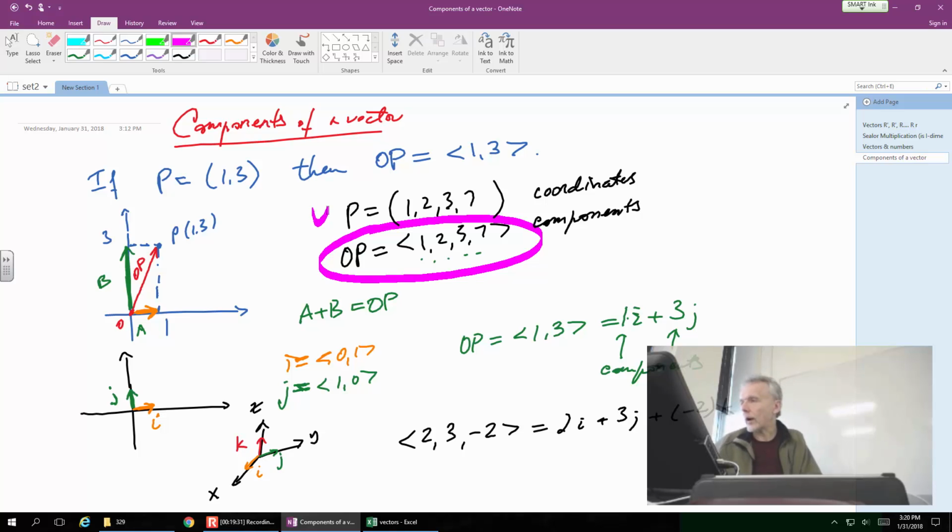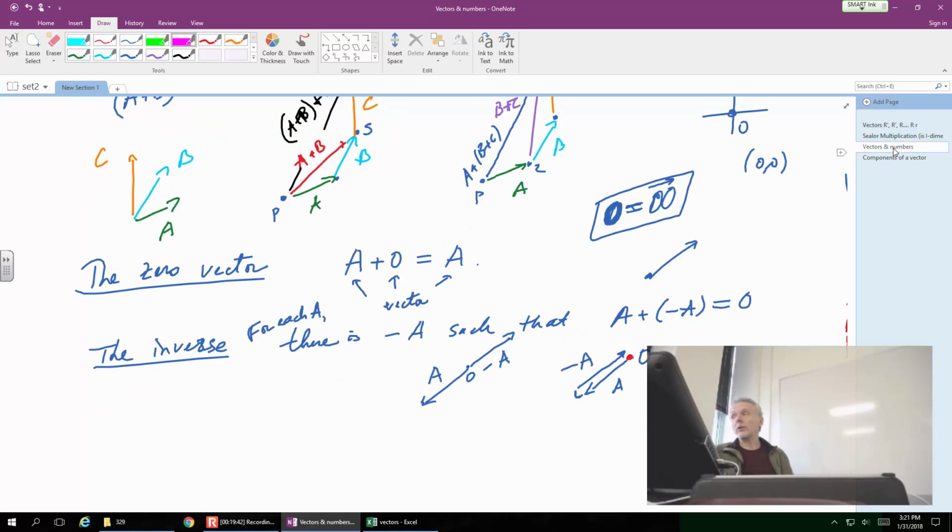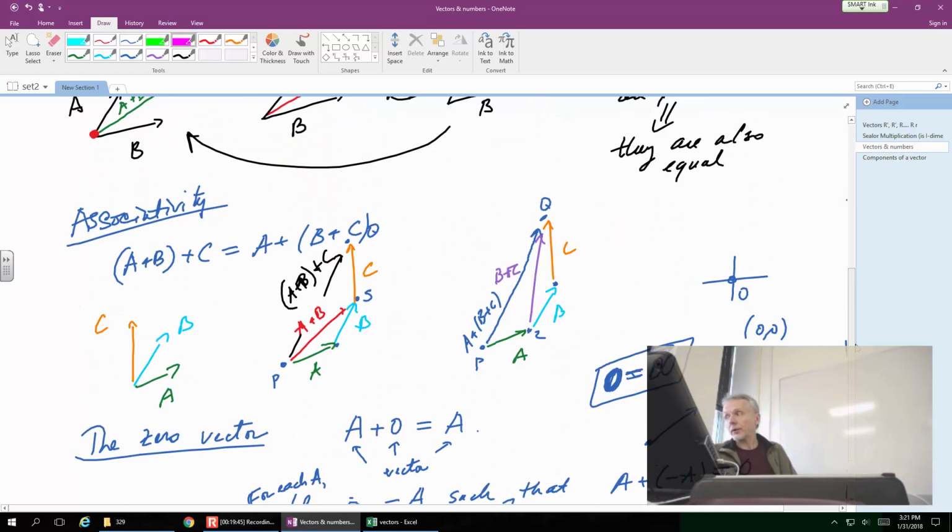Okay, so this will make things much easier when we talk about algebra, because all of these properties now turn into properties of real numbers. The algebra of real numbers now reappears not only in the algebra of vectors, but also as the algebra of components.